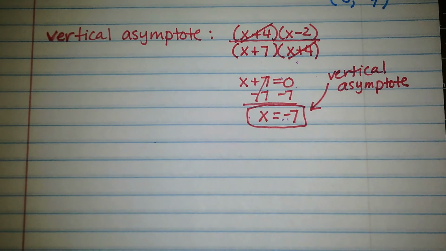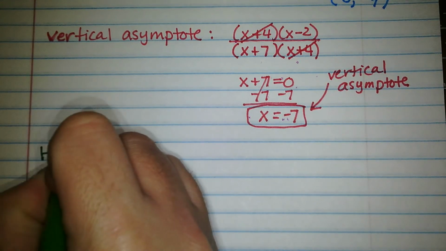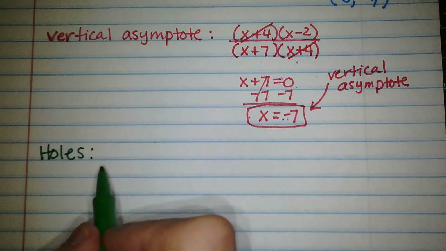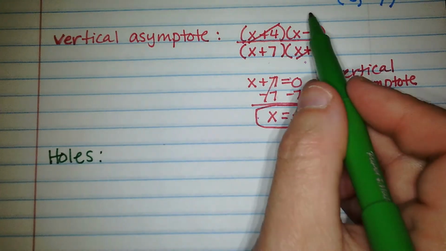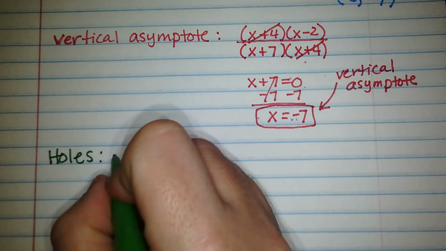The last thing I wanted to ask you about was the holes. Are there any holes in this rational equation? And the answer is yes. There is a hole. And we determine where the holes are based on what we canceled. Is there canceling? Yes. What did we cancel?